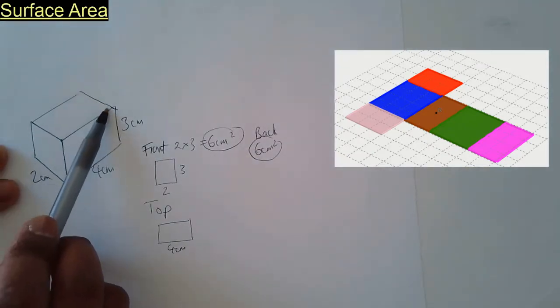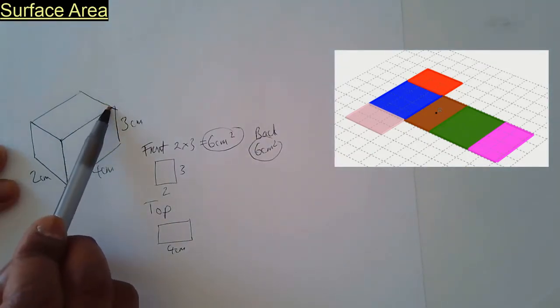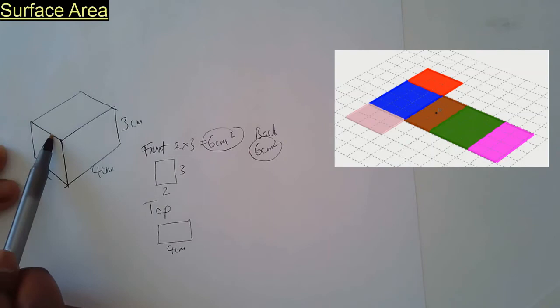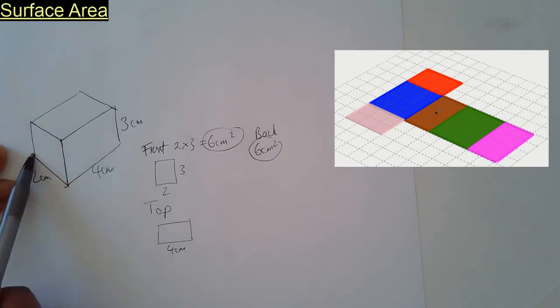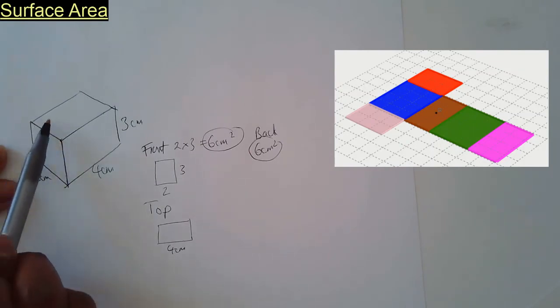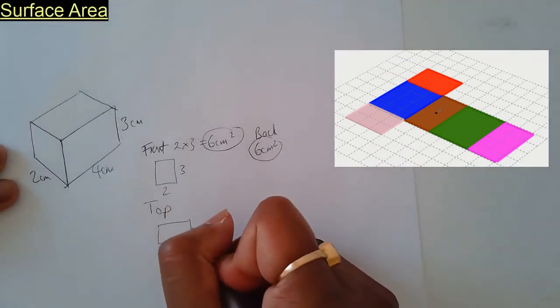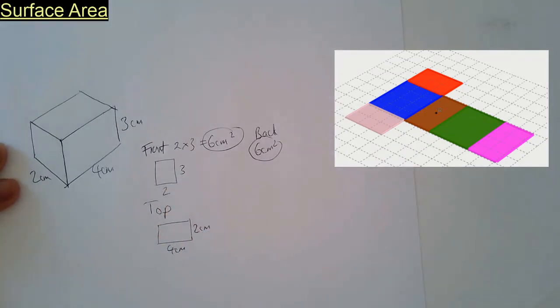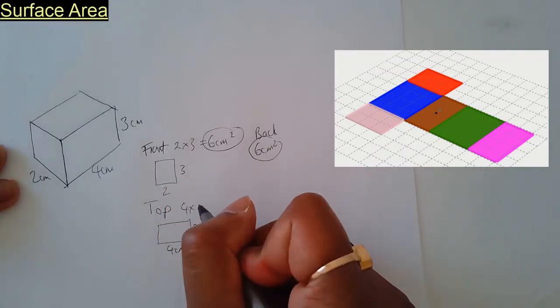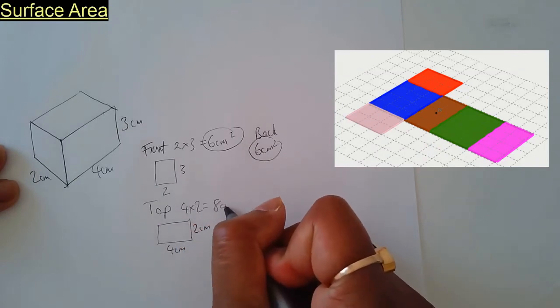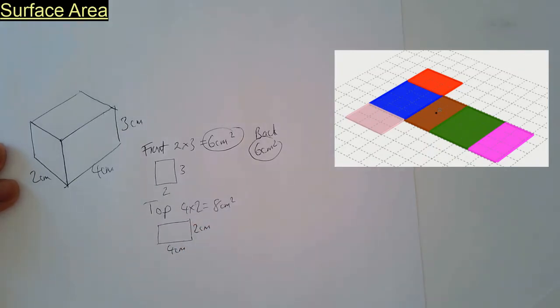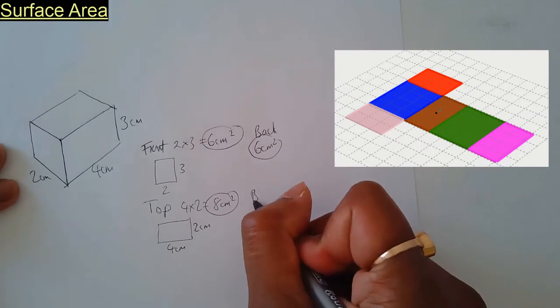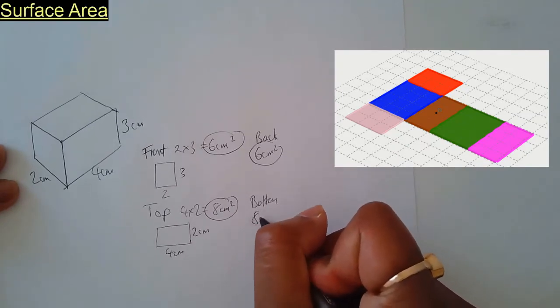There is no number here, but you can see this is 2 centimeters. This is 2. This is 2. Four times 2, 8 centimeters squared. So the top is 8 centimeters squared. So obviously the bottom face will also be 8 centimeters squared.